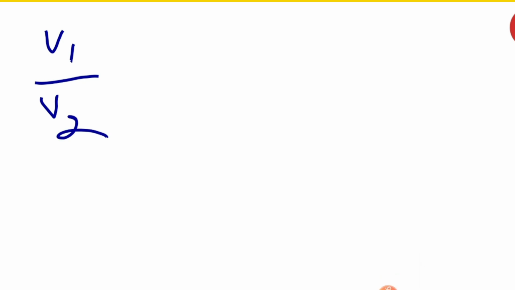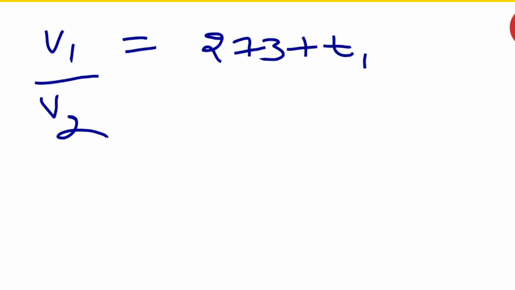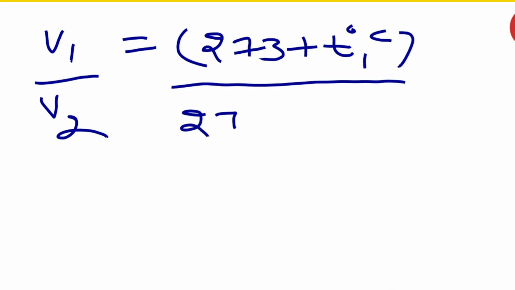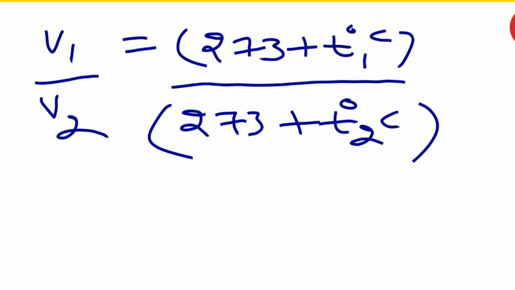Then at the end we get V1 upon V2 is equal to 273 plus T1, where T1 is in degree Celsius, upon 273 plus T2 in degree Celsius.